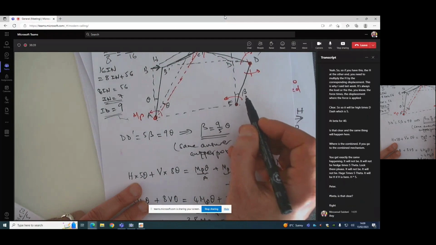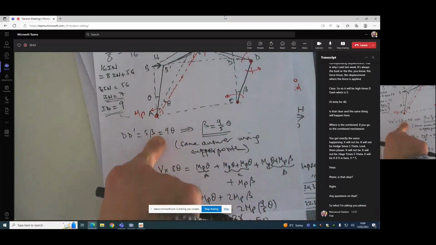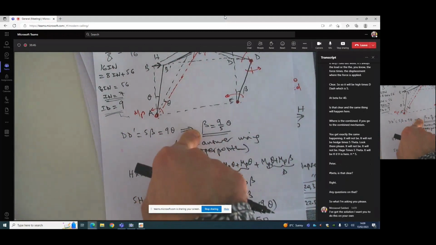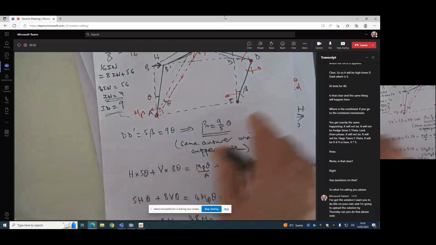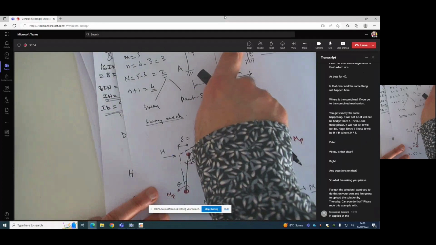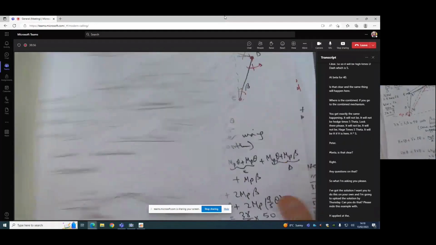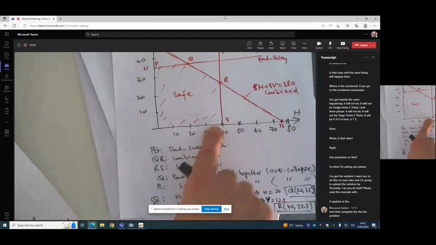Any questions on that? So what I'm asking you, please, I've got the solution. I want you to do this on your own, and I'm going to upload the solution by Thursday. Can you do that, please? Redo this example with H applied at D, and then complete the problem to the end. Is that clear?